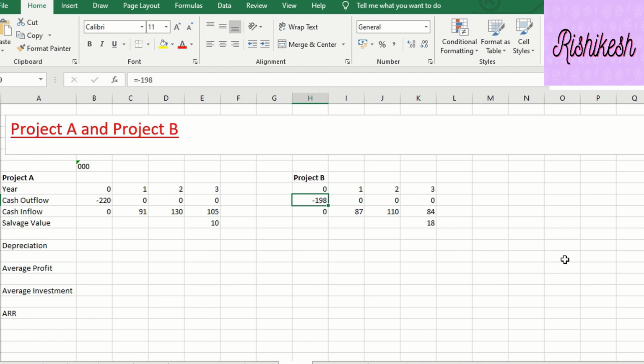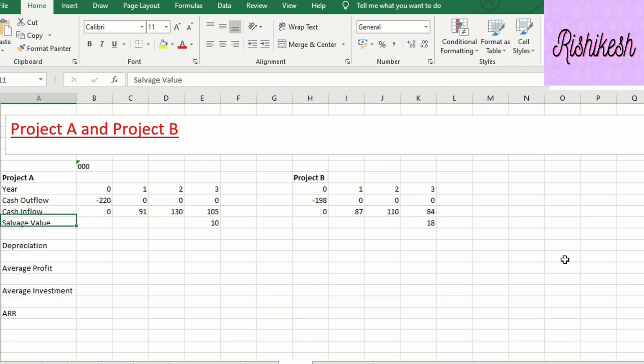Similarly, for project B, there is a cash outflow of 198,000. The cash inflow in the beginning is 0, then at the end of first year it is 91, at the end of second year it is 130, and at the end of third year it is 105. And the same is the case with project B. We have been given cash inflows at the end of first year, second year, and third year.